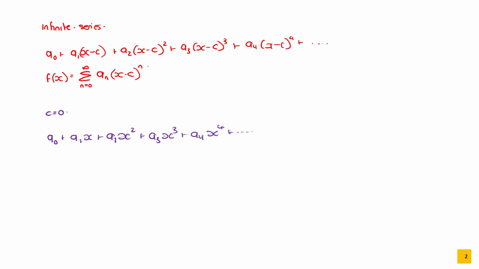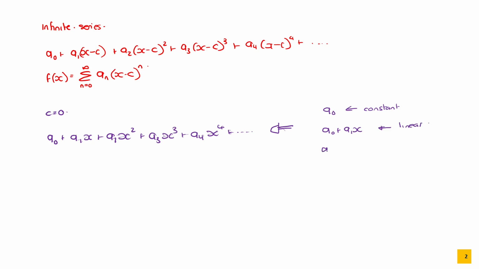Now, this should make it a little bit easier to see that it's representing a polynomial. And if you look at just the first one, that's just a constant because those a's are constant coefficients. And then you have the second version, which is a0 plus a1x. That's like your straight line. It's your linear.